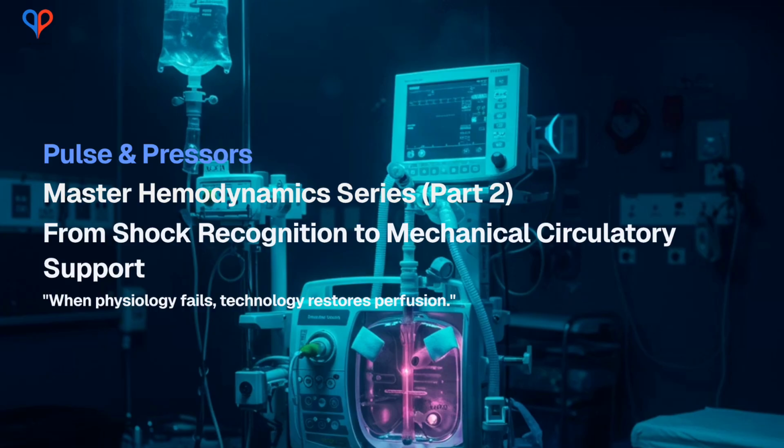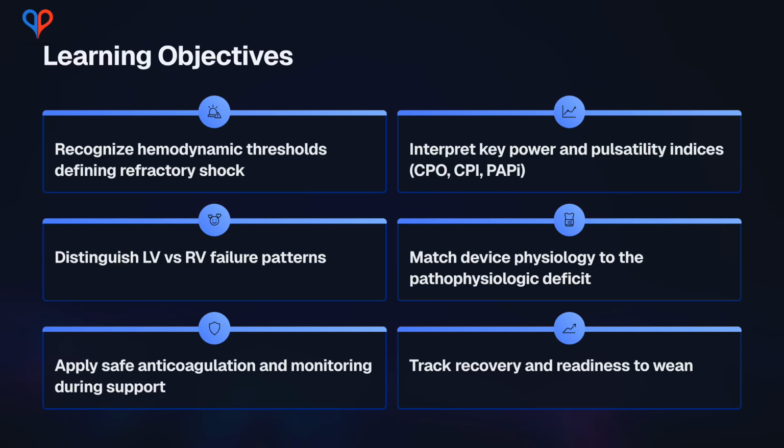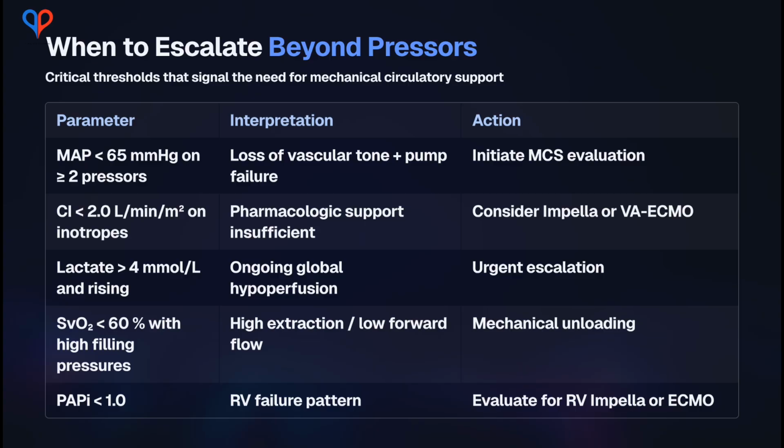This module focuses on escalation from pharmacologic failure to mechanical circulatory support, also known as MCS. Refractory shock is defined by any of the following conditions: mean arterial pressure, MAP, less than 65 millimeters of mercury despite using 2 or more vasopressors.